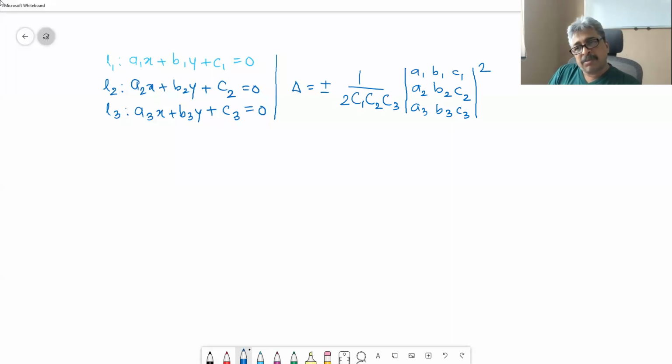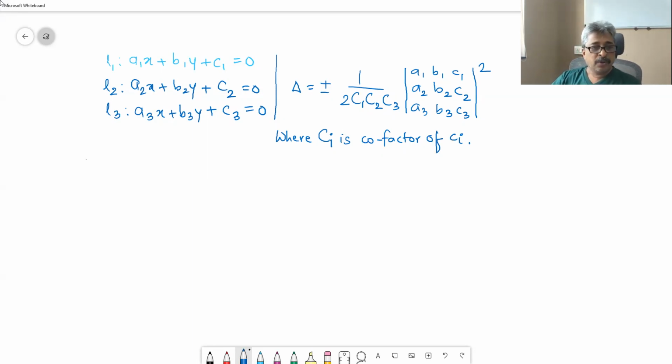And we cross-checked that by using this formula, we got the numerical answer correct, where Ci is cofactor of small ci.